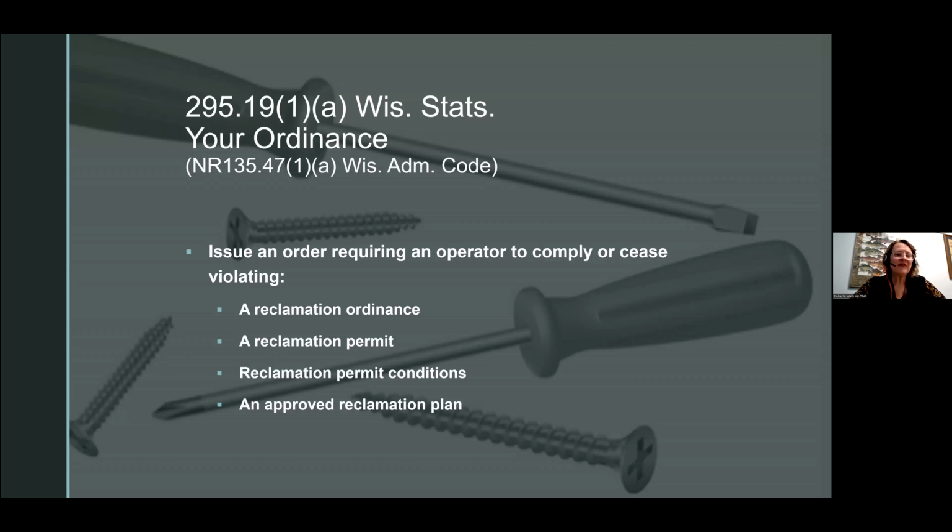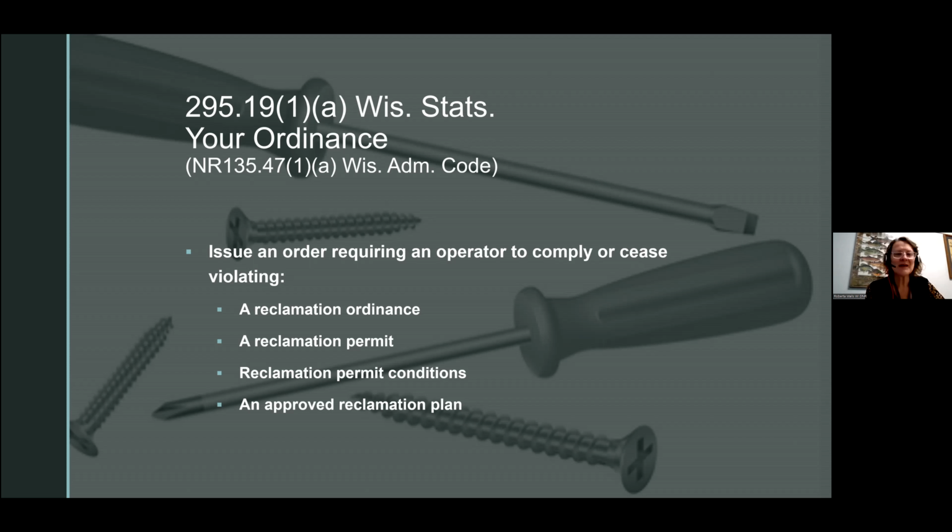So once you've gotten in there and you've taken a look at it, and if you found violations or you believe the site to be non-compliant, State Statute 295.19 under subchapter 1A gives you the authority to order an operator to comply with the reclamation requirements or to stop violating.